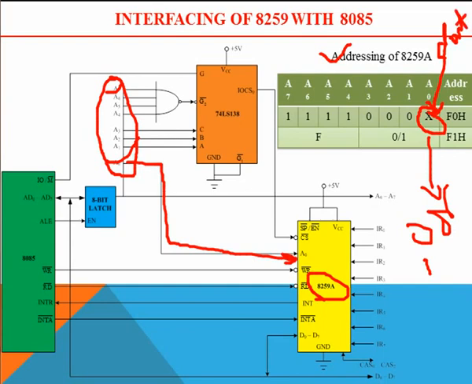Further, the chip select pin is activated by the 3:8 decoder. Here the first output pin is connected to the chip select pin. This is activated by the combination of A1, A2, A3, which is 0, 0, 0.